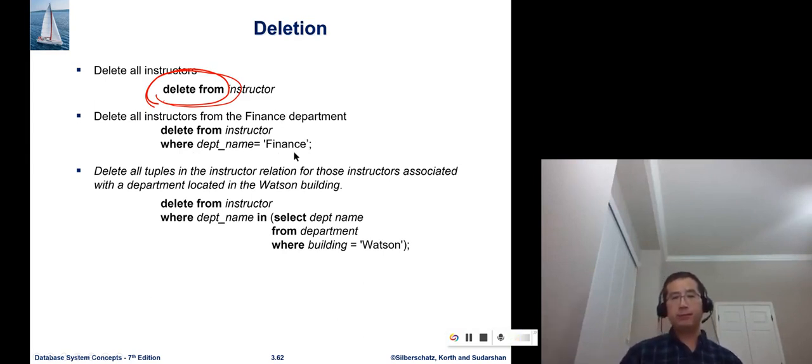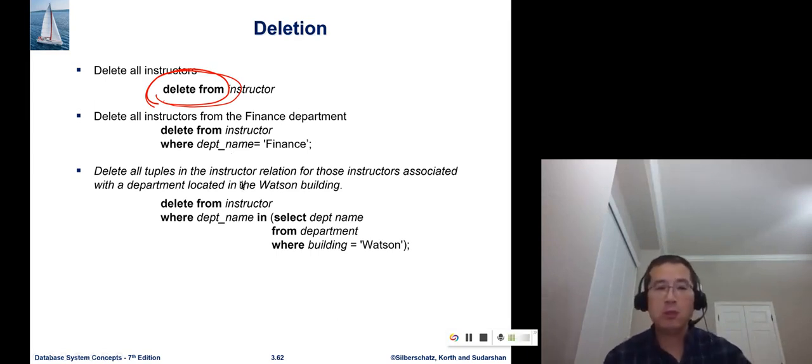And next one, delete all tuples in the instructor relation for those instructors associated with the department located in the Watson building. Okay, first one, all tuples in the instructor relation, in this table. And then for this instructor relation, we can find its department. Okay? From the department table, we can find its building.